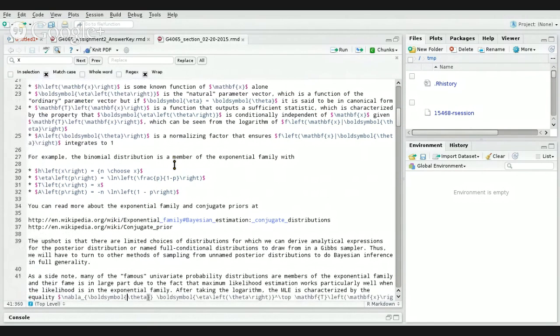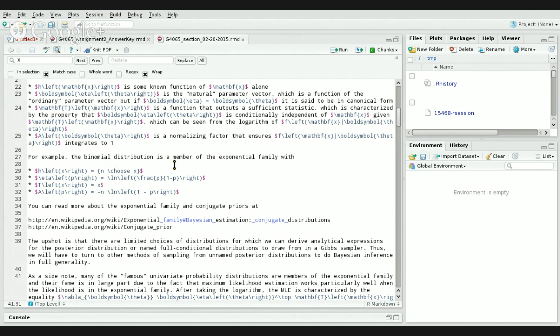And thus, I think I said this already, but just to reemphasize it, if the likelihood is within the exponential family, then there are prior distributions that are going to be conjugate with that, in which case you might have an analytical posterior, or you might be able to get analytical full conditional distributions, so to sample from a Gibbs sampler.